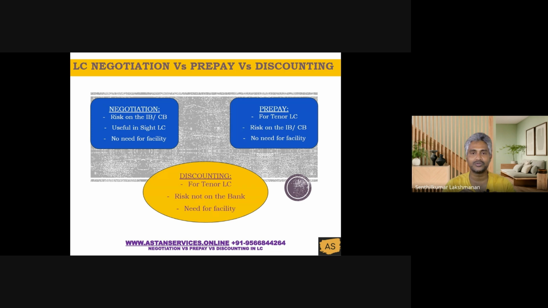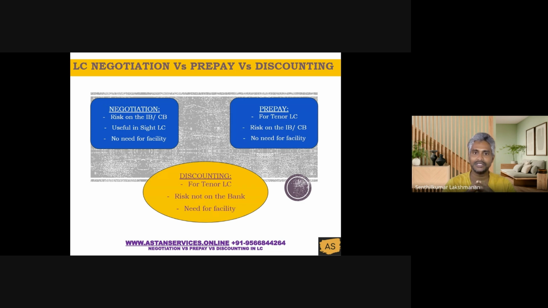Along with that, they will also give the bill discounting facility, where they may specifically mention the bills from those buyers, or sometimes it will be in general, like for 1 million, you can enjoy the bill discounting facilities. So the facility will be extended to the beneficiary after taking security measures like mortgage, hypothecation, and corporate guarantees.